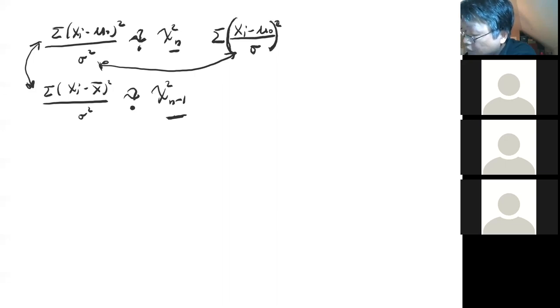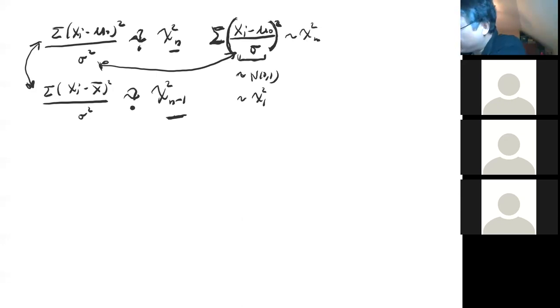You do know the inside guy right here follows normal 0, 1. Taking square it follows chi square 1, then taking summation, it follows chi square n. Easy to derive. And then let me take this out.